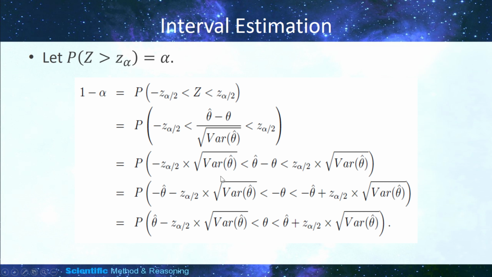So we multiply by negative 1 here, we have theta hat plus z alpha by 2 times the square root of the variance of theta hat. That would be on this side. And multiplying this by minus 1, we have theta hat minus z alpha by 2 times the square root of the variance of theta hat that would move to this side.